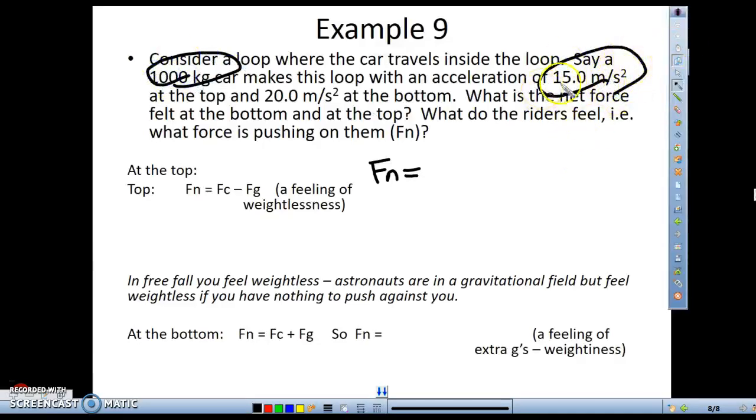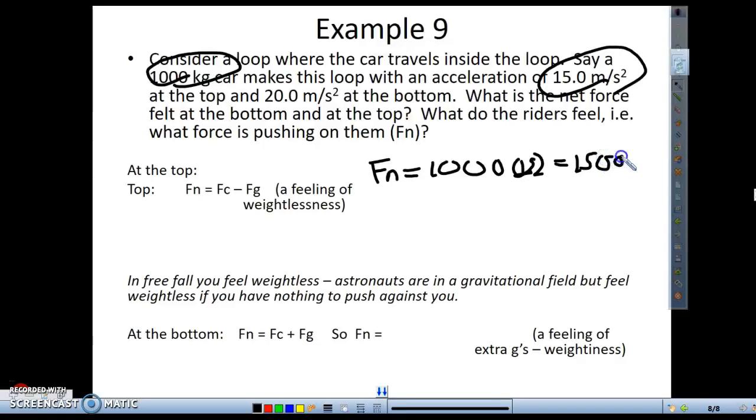They already put v squared over r in there. And what we're going to do is say, this is 1,000 times 15 meters per second squared. So we end up with 15,000 newtons, minus F sub g, which is going to be 1,000 times 9.8.